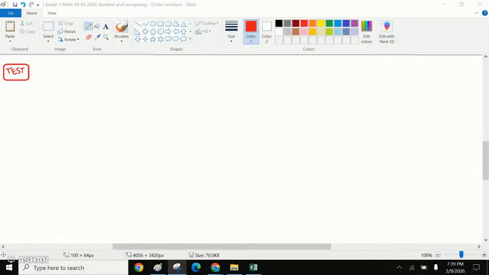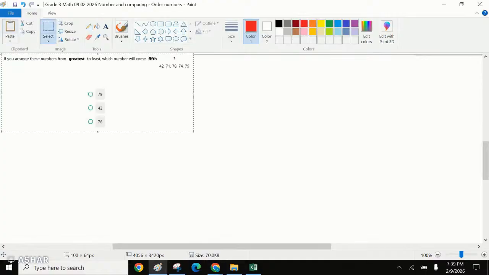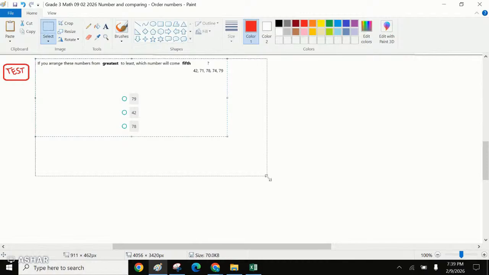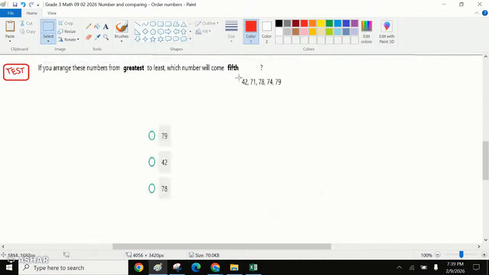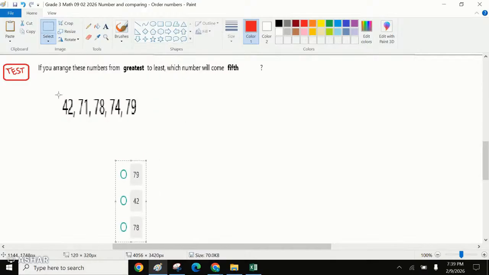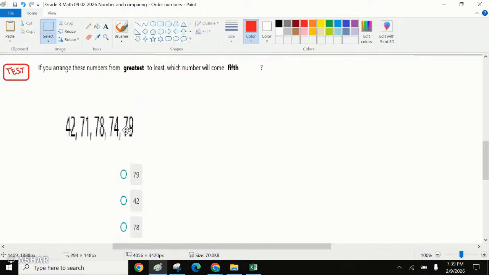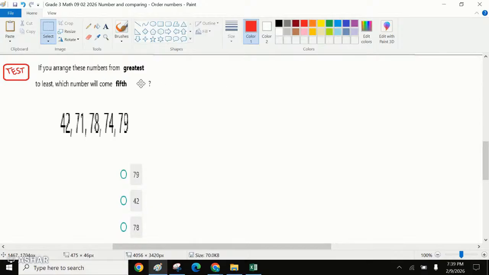If you arrange the numbers in descending order, which number will come on the 5th position? So this is the question that they are giving to us. These are the possible options. For question number 1, which should be the 5th number?